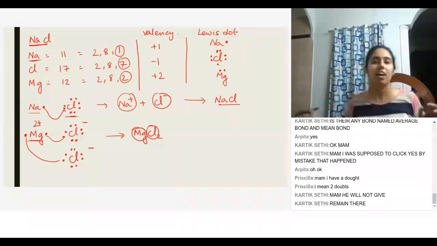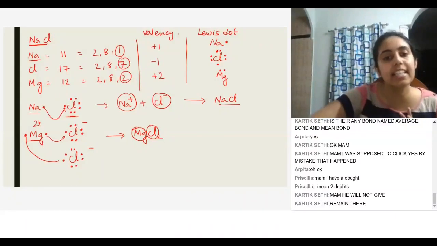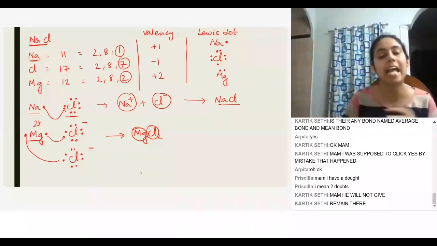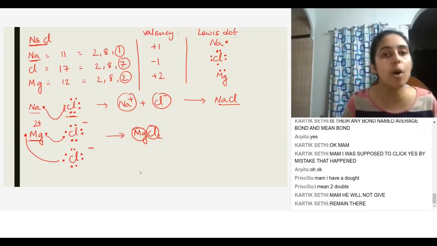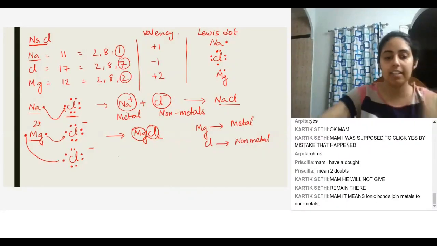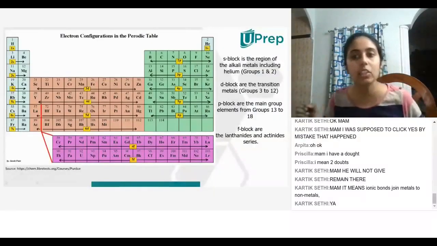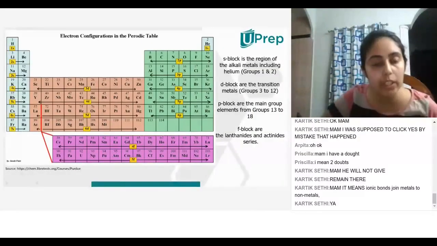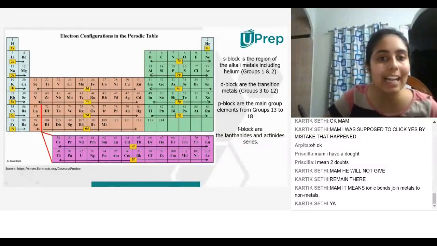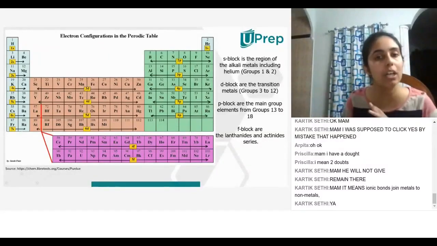Okay, cool. So this was ionic bond. If you notice, there is something special about an ionic bond. An ionic bond is always formed between a metal and a non-metal. So sodium is a metal. Let us look at the periodic table. On the left-hand side, you see light blue boxes. All of these boxes on the left-hand side are called metals.